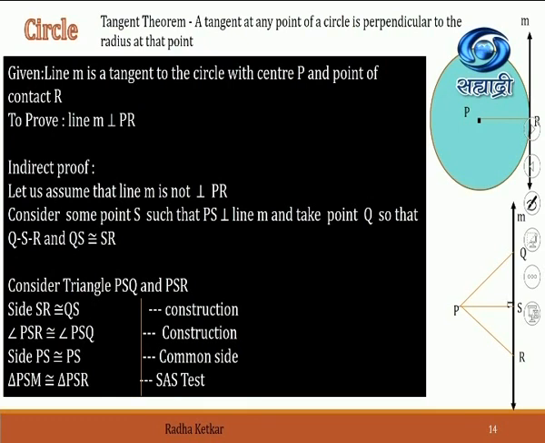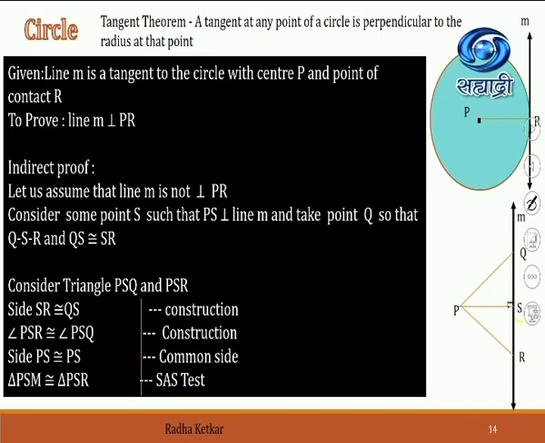So we are going to consider some other point S. If PR is not perpendicular to M, then there must be some other point like point S, at which line M is perpendicular to the radius.